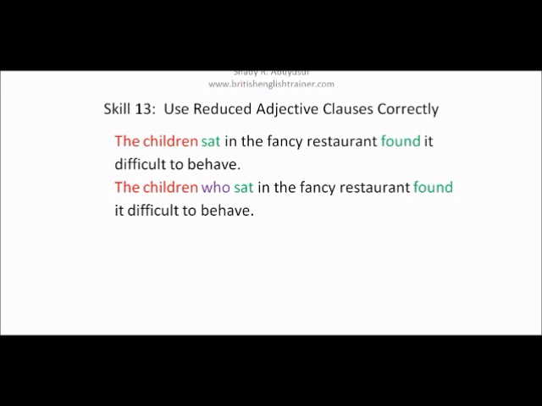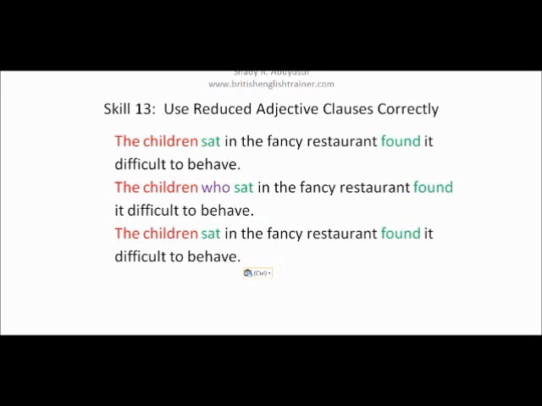Can we make it correct in another way? Oh sure, yes we can. Look at this one. We can say the children, and instead of sat, we can say the children sitting in the fancy restaurant found it difficult to behave. So we have two choices.